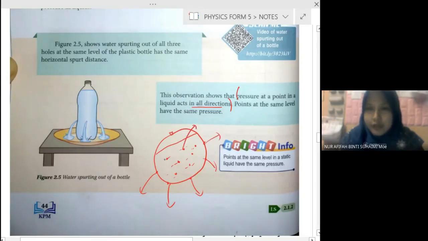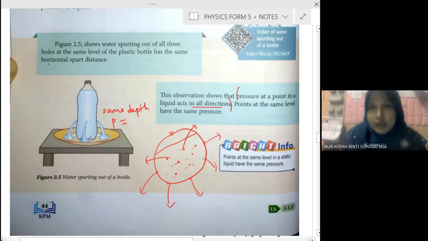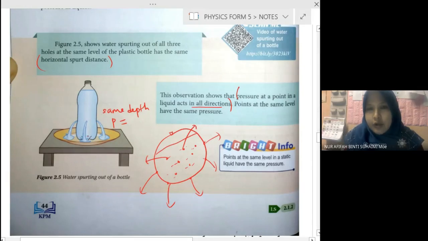If we use this bottle, we make a hole at the same height, or same depth. So the pressure of water is the same. The pressure of the water that spurts out from the bottle is the same, and the horizontal spurt distance is also the same for all the holes that we make.